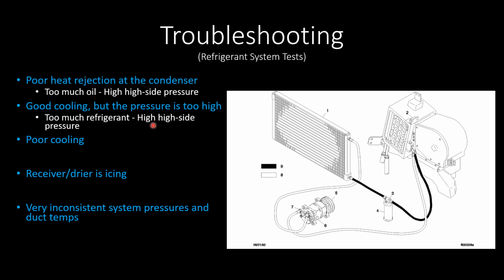If the pressure gets too high, eventually the circuit protection is going to kick in and turn it off. That's what happens when you add too much refrigerant, and this can happen again with another technician who just did a repair on the system and put way too much because they couldn't find how much refrigerant should be installed in the system.